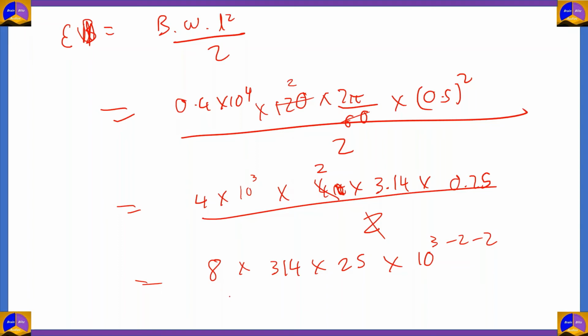So now we can just multiply 8 and 25. 25 times 8 is actually quite easy, because 4 25s gives you 100, so 8 25s gives you 2 times 100, which is 200. So we'll have 200 times 314 times 10 raised to minus 1, so that's divided by 10.